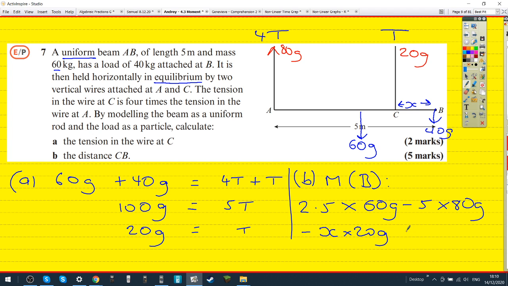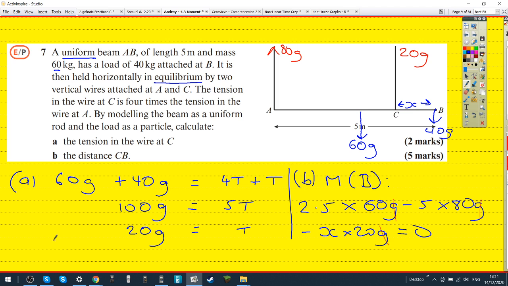Do I need to add in the minus and the 5 or something? No, we already found those. This was like 4 times this one. So 80 is 4 times 20. If they're in equilibrium, they add up to 0. Yeah, okay. And they all have a g, so we can divide everything by g. And so does that mean that it would just be x is equals to 20? No. 2.5 times 60 minus 5 times 80 minus x times 20 equals 0.